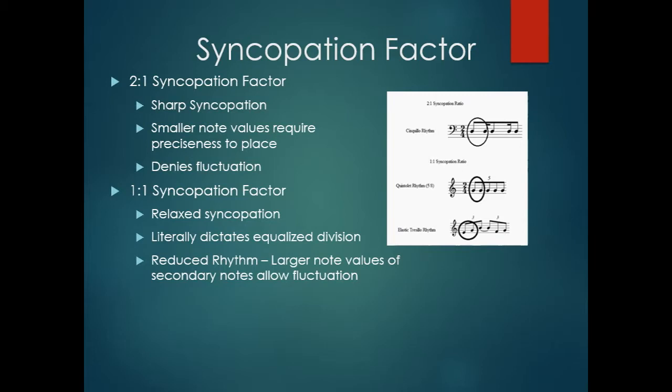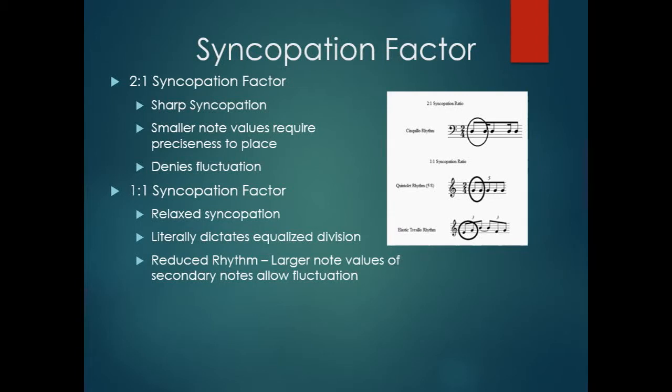whereas the elastic tercio and the cantillet rhythms have a 1-to-1 syncopation factor. So in this sense, we have a relaxed syncopation in the rhythms, and literally we have an equal division, but with fluctuation.